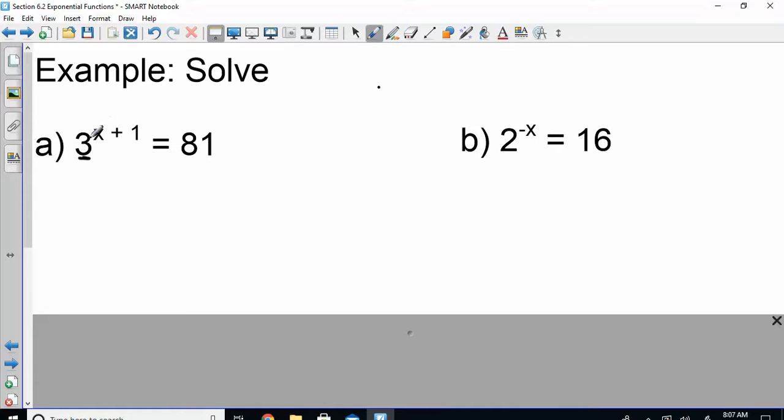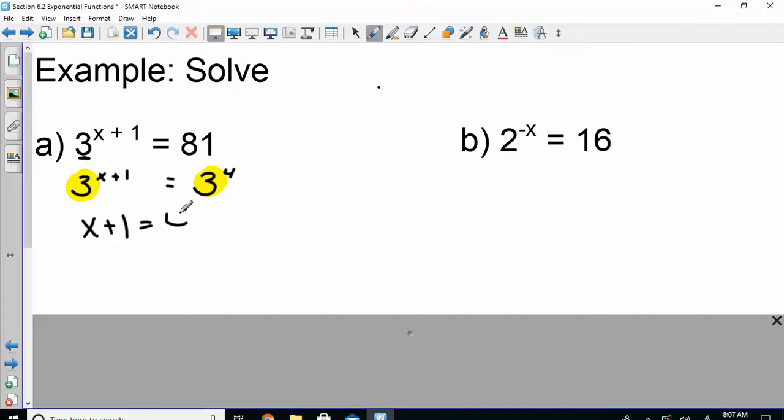So depending on what this was over here, if this was 9 to a power, then we would use the 9 squared. Because this is 3, I want to write 81 as 3 to the 4th. Okay, then we can use those properties. Because both sides just have 3 to a power, you can drop that base and just say the exponents are equal.